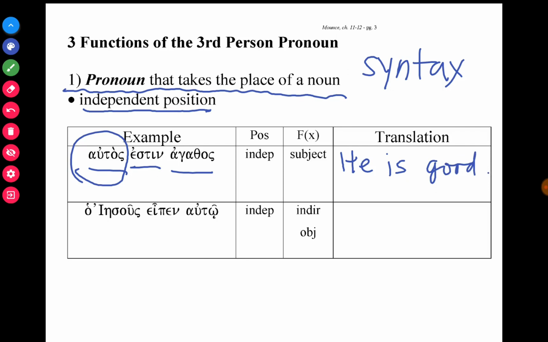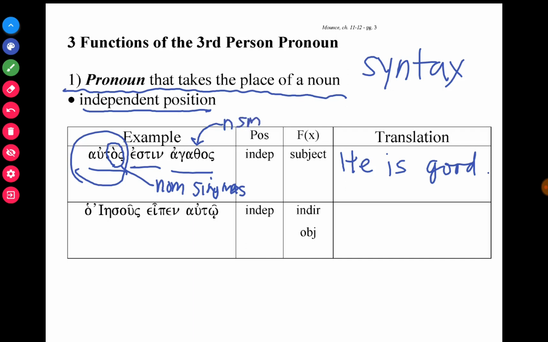And we translate it as he because we see that case ending. We know that it's nominative, so it's going to be used as the subject of the sentence. It's singular and it's masculine. And so we translate it as he. And then the adjective, which modifies autos, is also nominative, singular, masculine. So we know that we're translating this correctly.